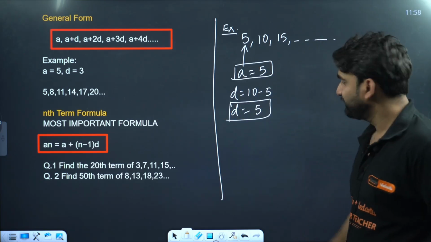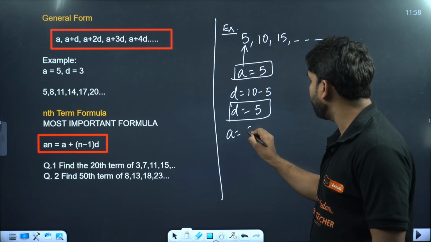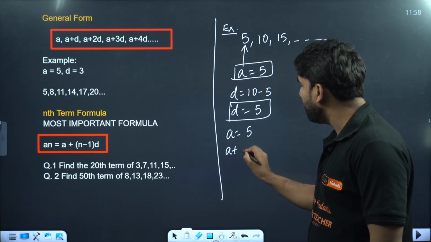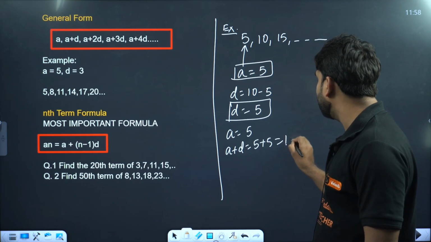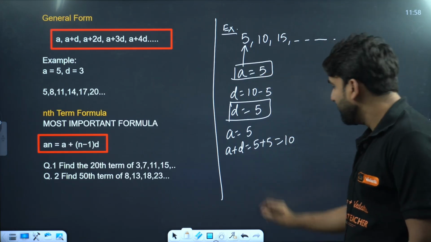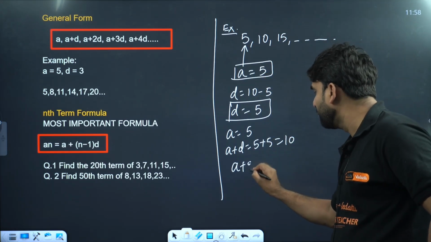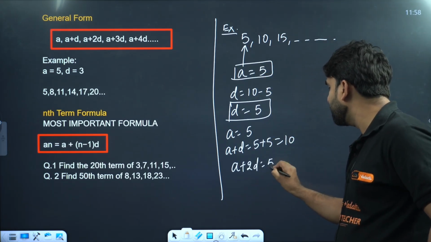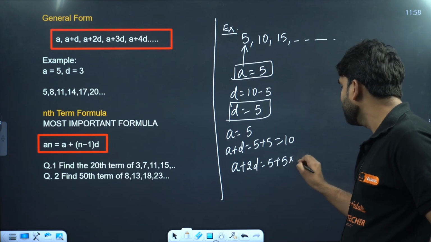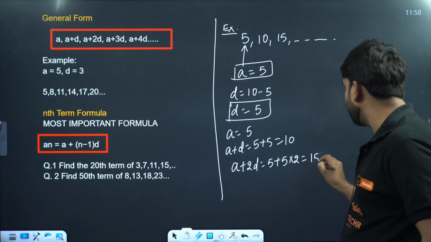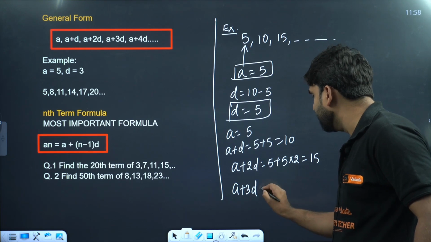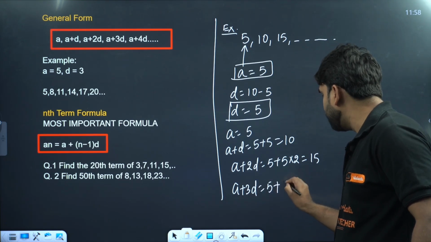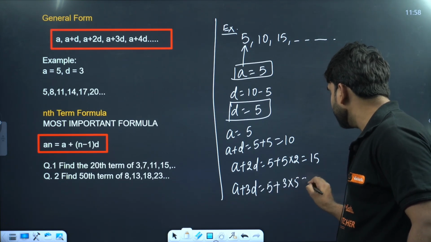Now here A will be 5, and if you add A plus D, it means 5 plus 5, you get the second number. A plus 2D is 5 plus 5 into 2, so this will be 15, the third term. A plus 3D is 5 plus 3 into 5, so this will be 20.